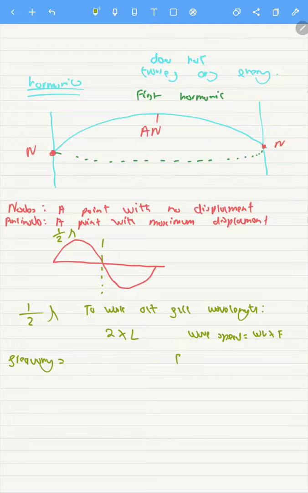So if we rearrange that, frequency equals wave speed over wavelength, so in this case frequency would be the wave speed over 2 times the length. Or, obviously, frequency equals 1 over period, or time period. But that is basically the first harmonic.